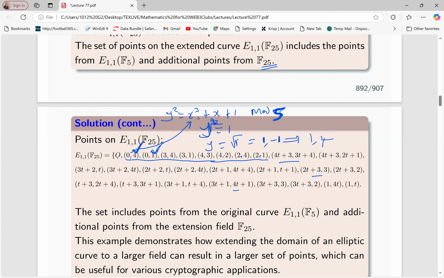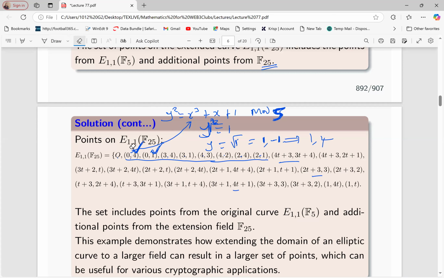You can also try when x is 3 and see that y will be 4. But now I'm interested in the ones in polynomial form. How do we show that they are on this elliptic curve, mod 5? We've enabled this elliptic curve mod 5 now to have more points than it originally had.